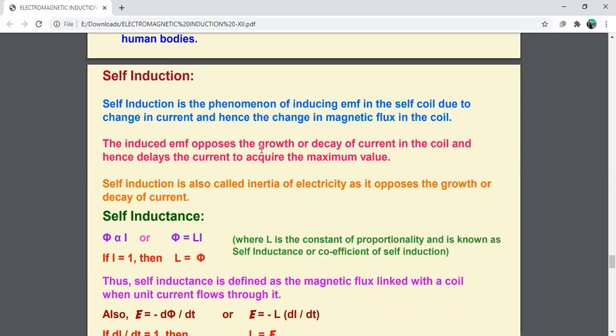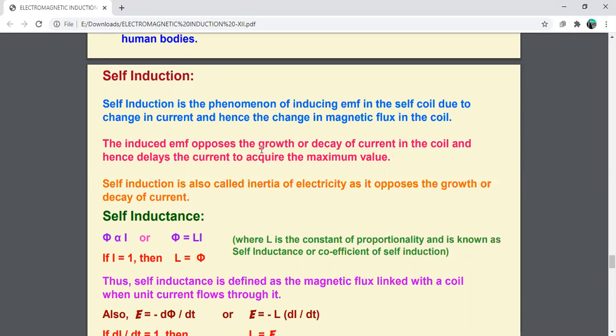So this type of opposition offered to the flow of current through the coil is called inductive reactance, and it has the same unit and dimension as that of resistance.